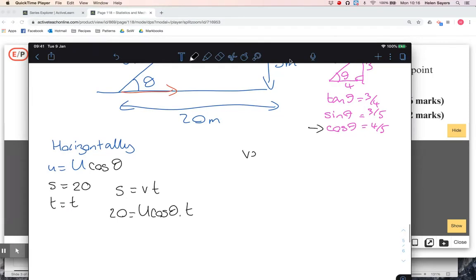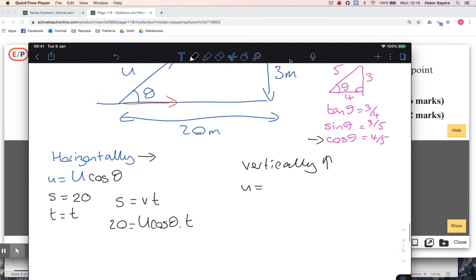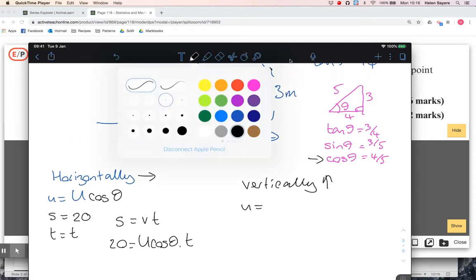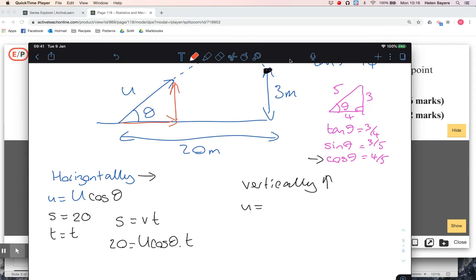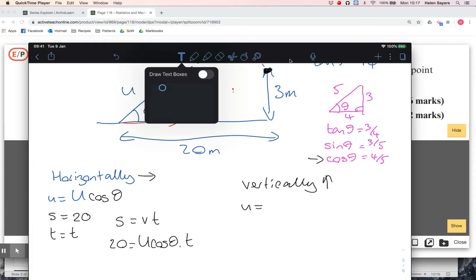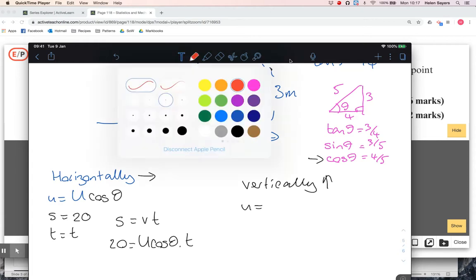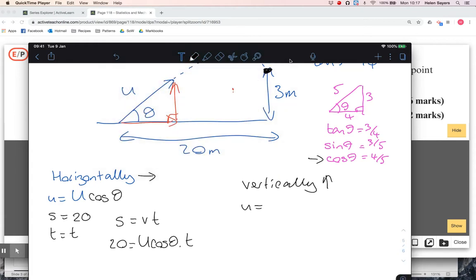If I think vertically, oh, and I should have said I'm taking right as positive there, and I'm going to take up as positive when I'm thinking vertically. So the vertical initial velocity is that part of it, opposite theta, so that's going to be capital U sine theta.